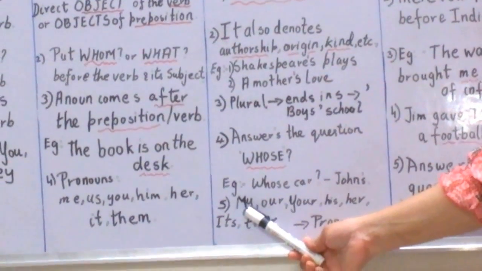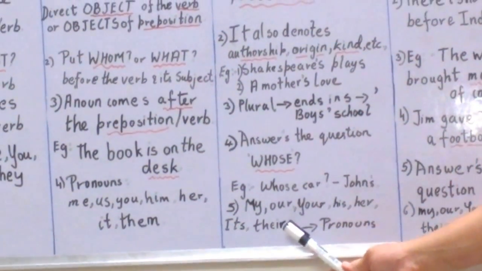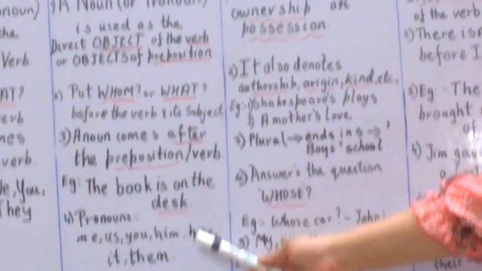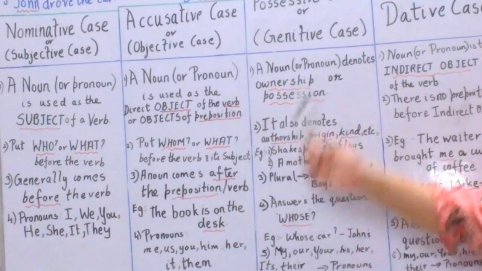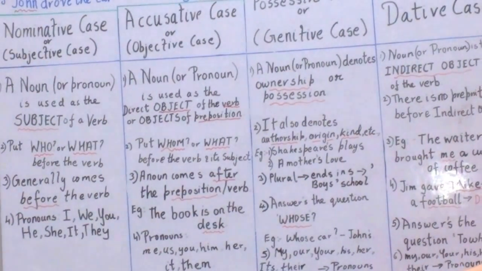We have seven pronouns like my, our, your, his, her, its, their. These are all possessive cases. Always remember that accusative case pronouns are written in small letters, and for the possessive case it doesn't matter if it's a capital or a small letter.